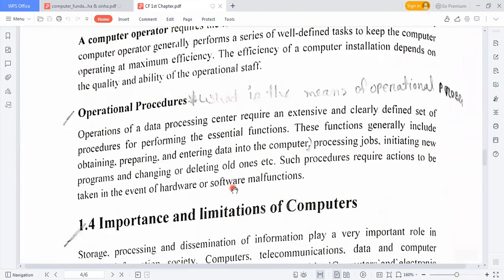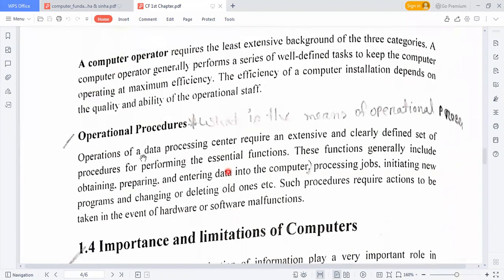So now, what is the operational procedure? Operations of a data processing center require an extensive and clearly defined set of procedures for performing the essential functions. Suppose we have to make a successful program, then we have to process the data.